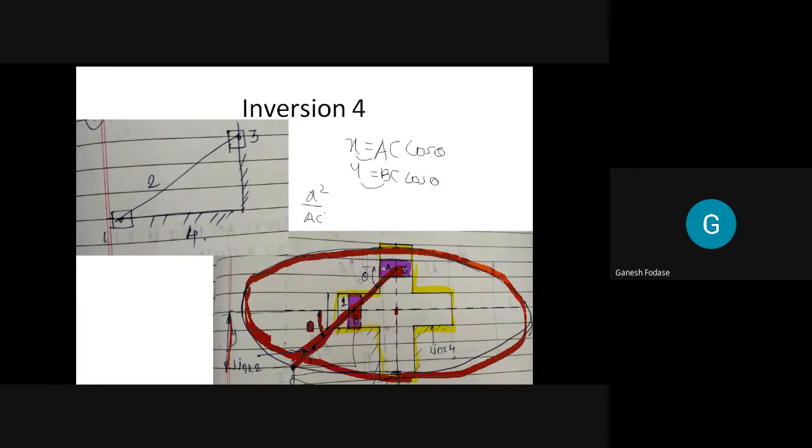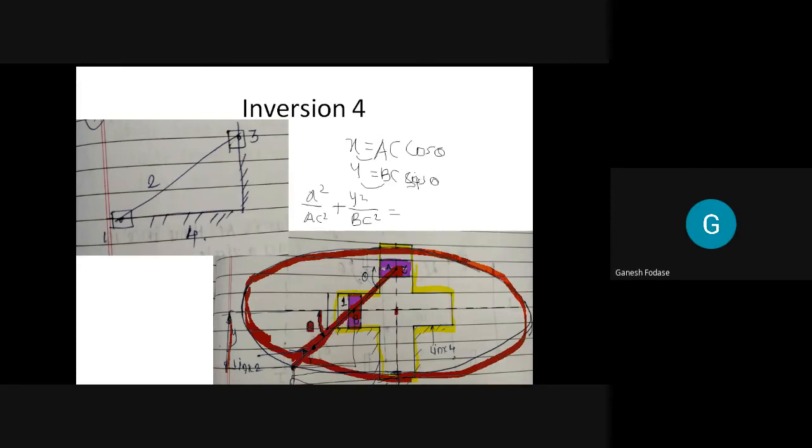Squaring and adding x upon AC: x square upon AC square plus y square upon BC square is equal to what? Cos square theta plus sin square theta, which is 1.